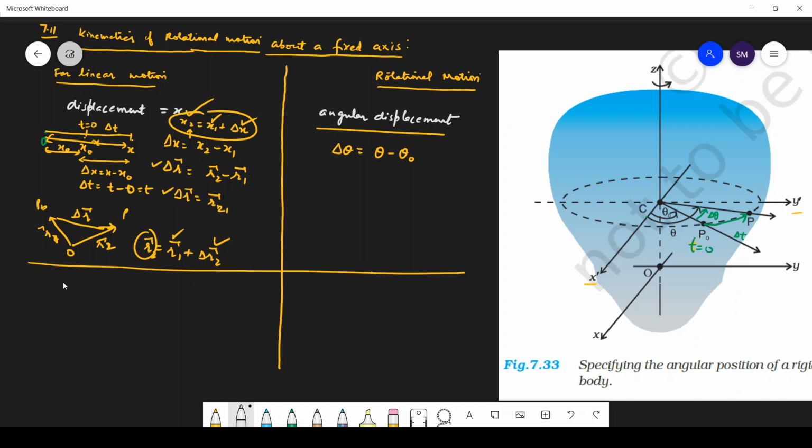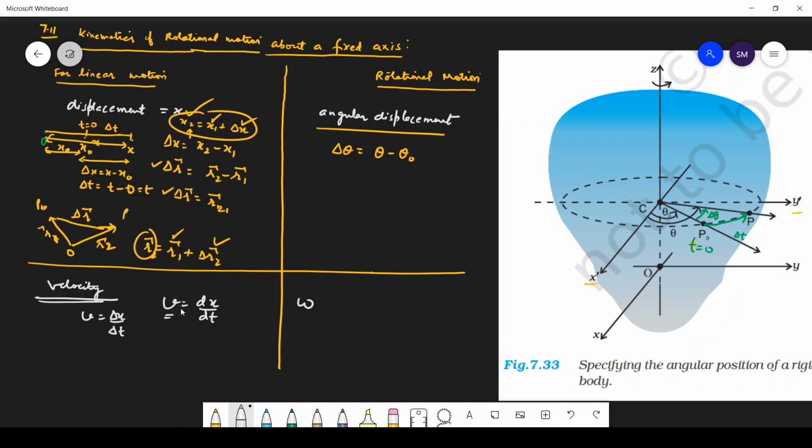The next thing after displacement is velocity. So what is velocity? Velocity is equal to dx by dt, or average velocity we can write as delta x by delta t, and instantaneous velocity as dx by dt. Here also it is the same thing, but the symbol is different.